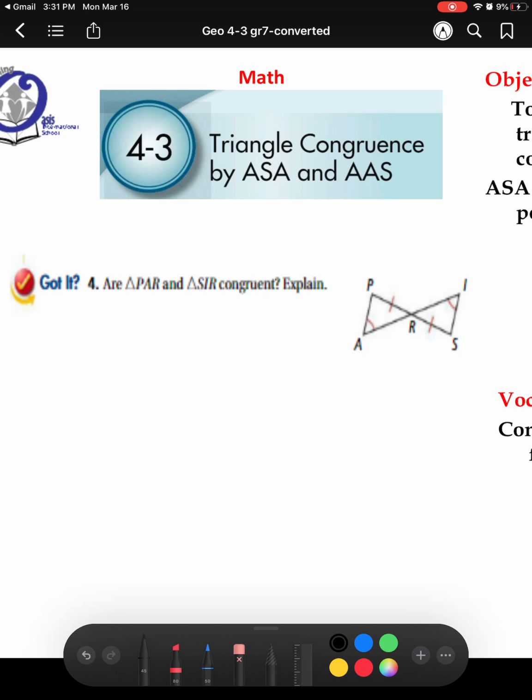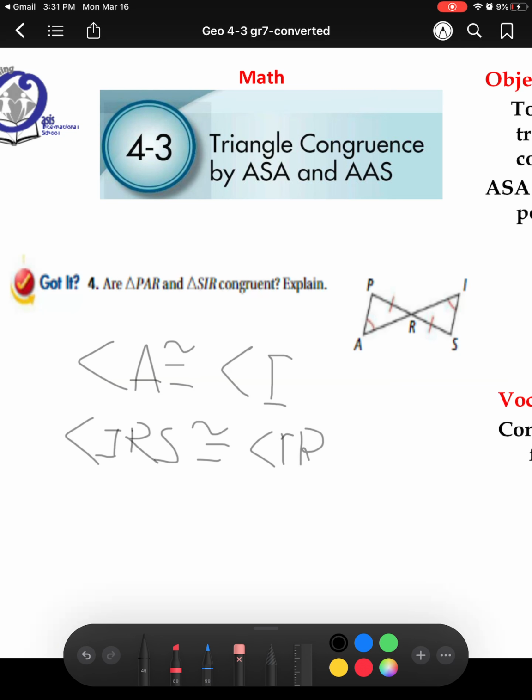We'll start by angle A congruent to angle I. And angle IRS is congruent to PRA. Why? Because they are vertical.